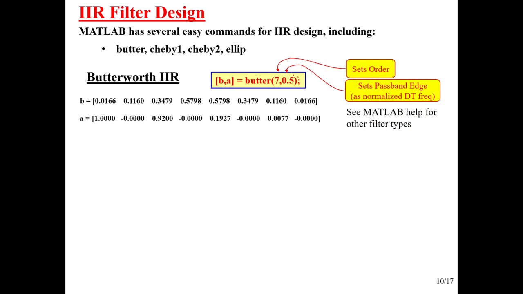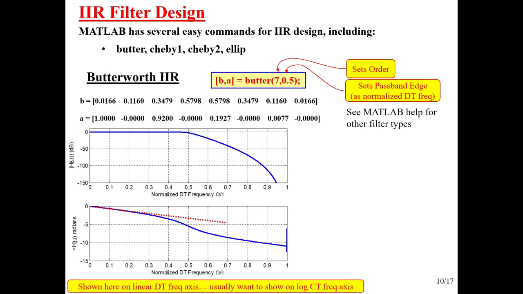So the 0.5 is the cutoff frequency or the pass band edge, but it's in normalized discrete time frequency. Hey, remember when I took that w and divided it by pi? That's what we're talking about here. So 0.5 here corresponds to pi over 2. And so if I were to run this command, I get these 2 vectors. And then how did I get these? Well, I just did my freqz command.